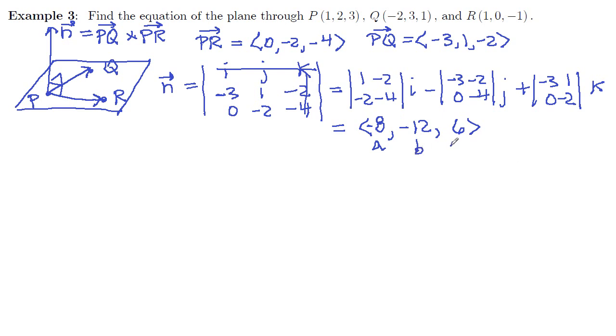So that's our normal vector. That's A, B, C. And then we can use any one of the original points to be our x0, y0, z0. Why don't we just use P? So then we just plug into our scalar equation of the plane.